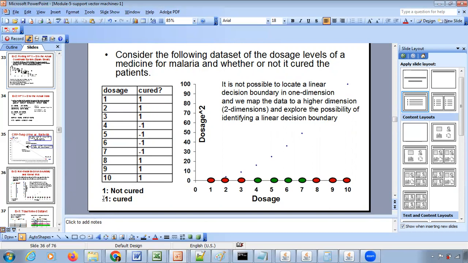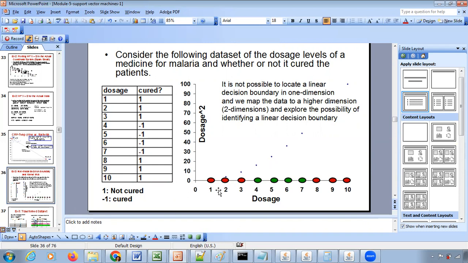If you give a moderate dosage of the medicine, then we see the person get cured. That's again as expected, if you dig into it a little bit more, because too much of anything is not good. Too much dosage of this medicine is not good, so some other problem comes up. Or if you give too low, it's not sufficient to cure the disease.